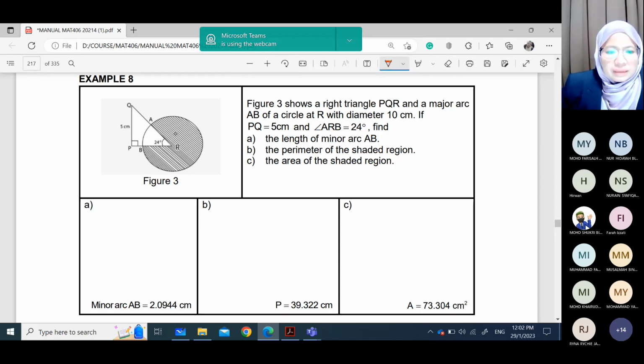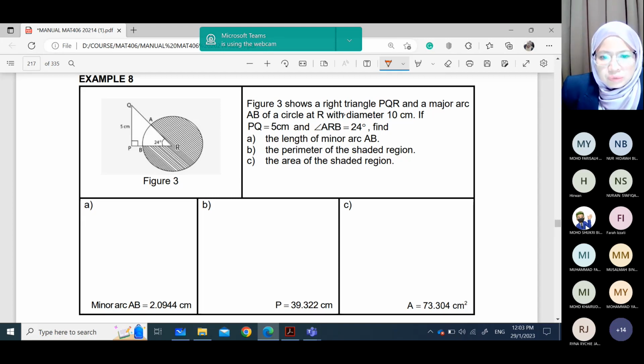Example 8. Exam questions are usually like this. Look at this one. Figure 3 shows the right triangle PQR, a triangle with a 90 degree angle, and a major arc AB of a circle at R with diameter 10 cm.